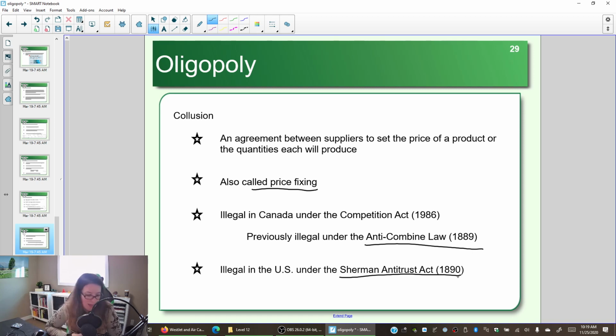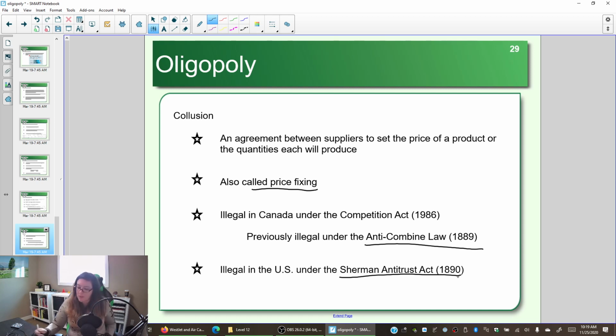And we talked about that in a previous video. But what about the anti-combine law? The problem with it is that it didn't have any teeth. Whereas the Sherman Antitrust Act could divide up companies, the anti-combine law really couldn't do anything.